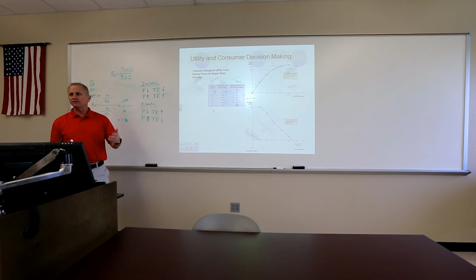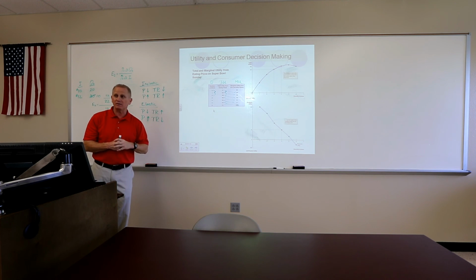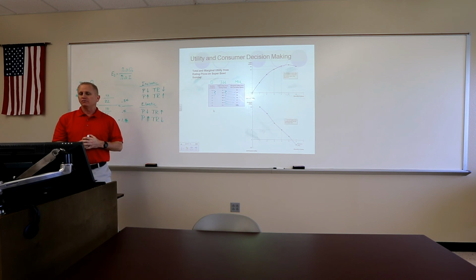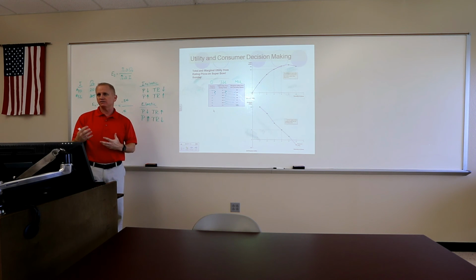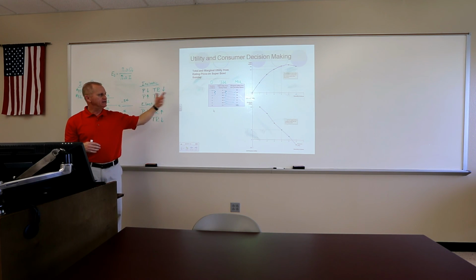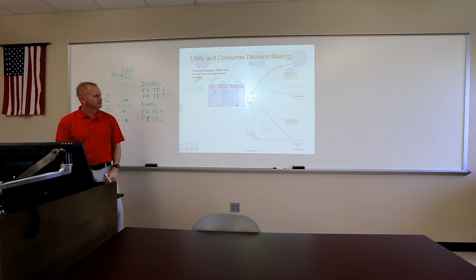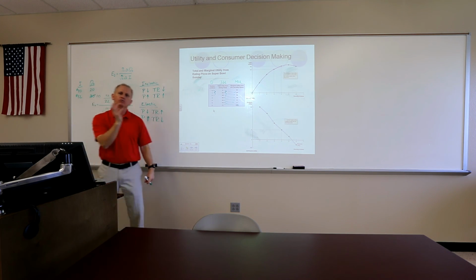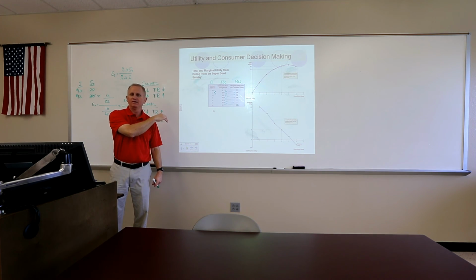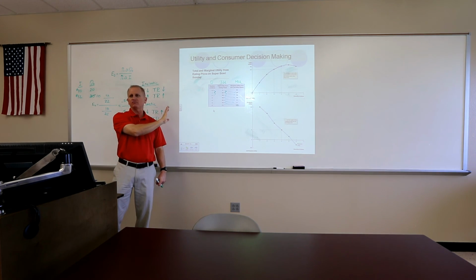We actually extend this further by looking at decision making. Consumers will have to make decisions, but they'll be given their utils, or units of satisfaction. Now I realize that in everyday life you don't have this table. You don't know what your satisfaction is.